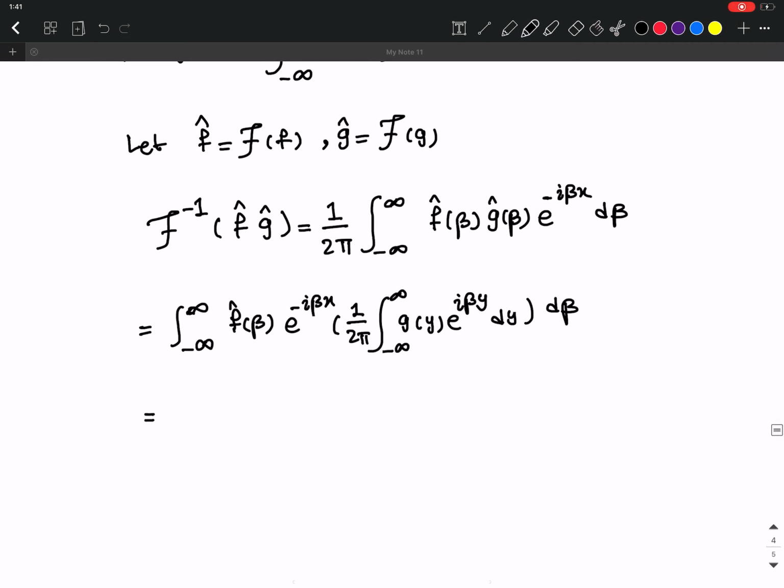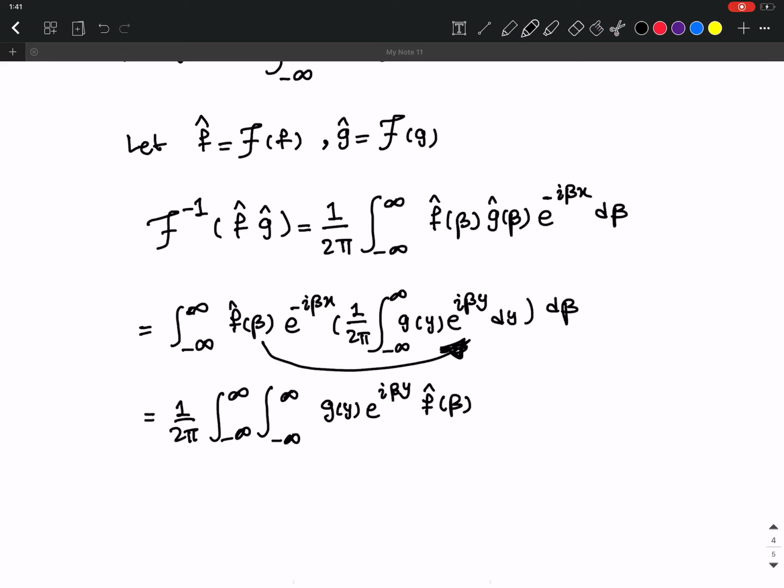And then I'm going to again rearrange these, so I'm going to write 1 over 2 pi. I'm going to do the integrals together, integral from minus infinity to infinity of g(y) e to the power i beta y f hat. The second integral, I'm just going to combine these two, f hat beta, and I can do this because I can bring this inside because this is not a function of y, right?